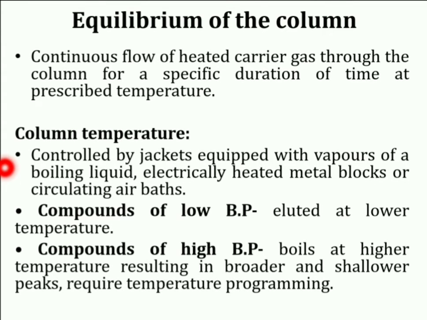Column temperature. Column temperature can be a very important parameter for controlling retention and selectivity in chromatographic separations. Temperature can be controlled by jackets equipped with vapors of a boiling liquid, electrically heated metal blocks, or circulating air baths.